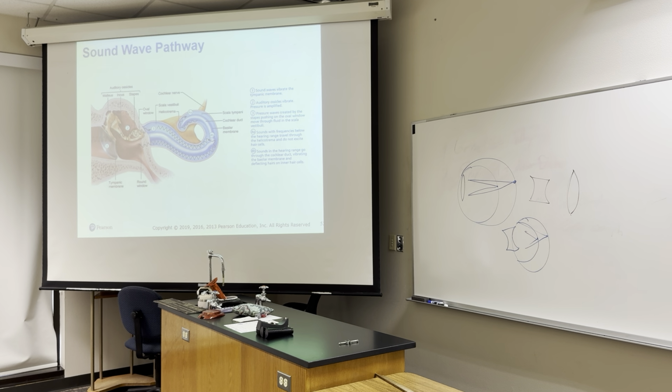Now, how does hearing happen? First of all, through the external acoustic meatus, the sound wave should come and vibrate your eardrum, and then the sound wave is amplified through the ossicles, malleus, incus, stapes, and goes through the oval window. Where does it go to? Scala vestibuli, then to the organ of Corti.